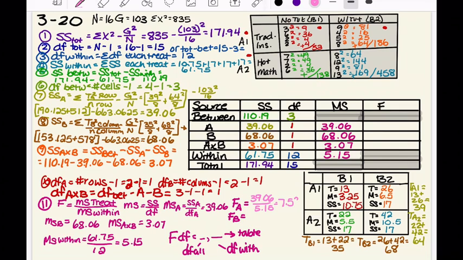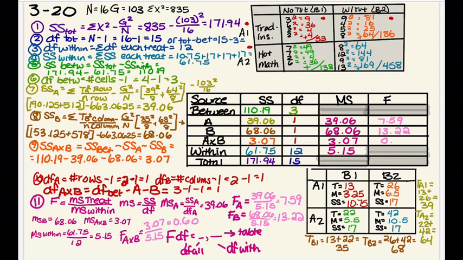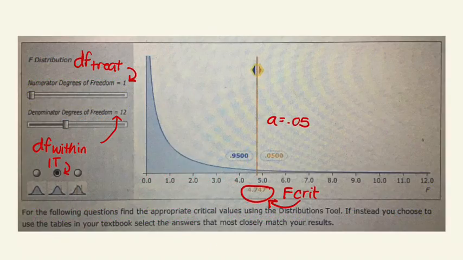To calculate our F ratio, we'll take the mean square of our treatment and divide it by the mean square within. Then we'll find our critical F ratio by using the degrees of freedom for the treatment as the numerator and the degrees of freedom within as the denominator.